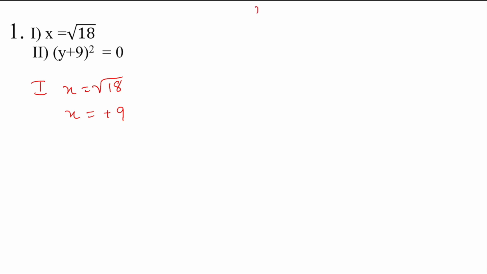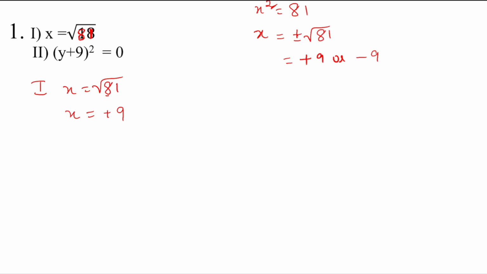If it was x square is equal to 81, then x will have two values, plus or minus square root of 81, which is plus 9 or minus 9.